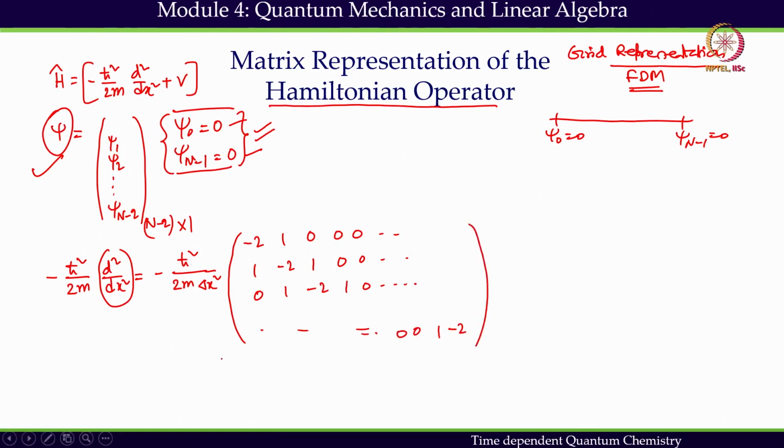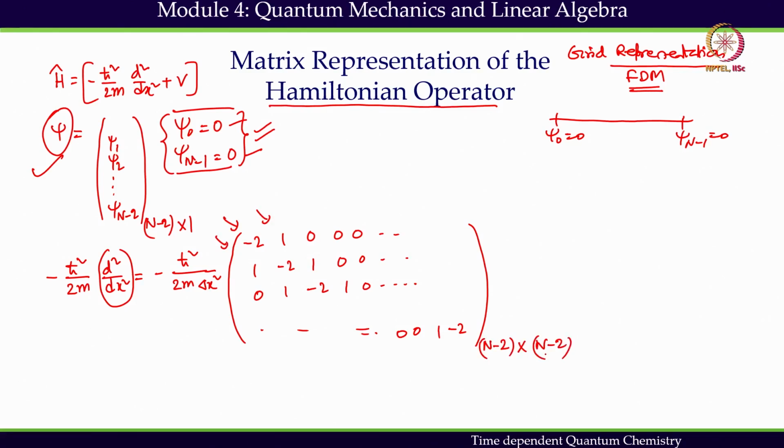So I get a square matrix, but it is a tridiagonal matrix. It has diagonal, upper diagonal and lower diagonal finite values. All other values are 0. So I have this n minus 2 by n minus 2 matrix.